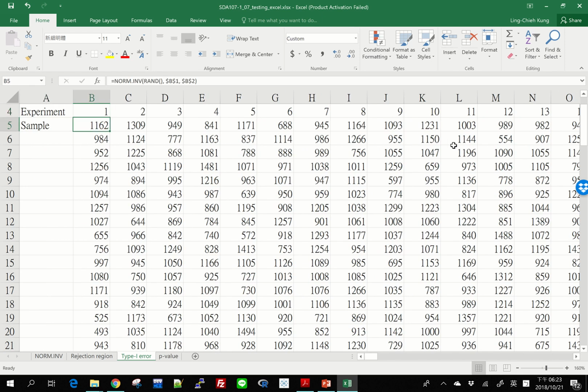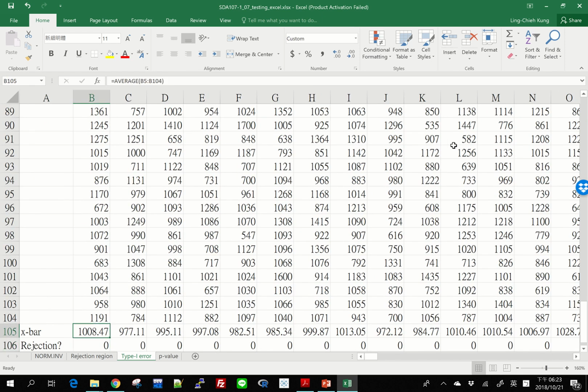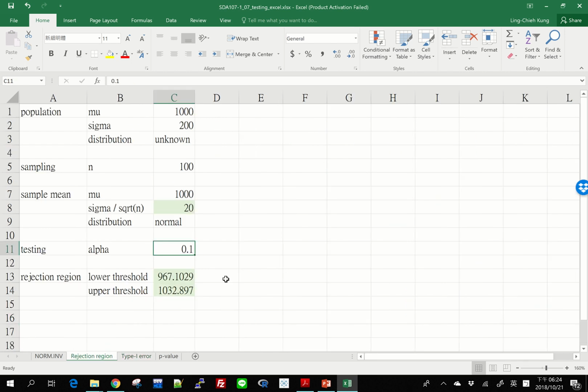Each time, I of course calculate my x bar, the sample mean: in this large population, I randomly select 100 numbers and take the average. If that number is quite large or quite small, it's going to make me reject our null hypothesis.